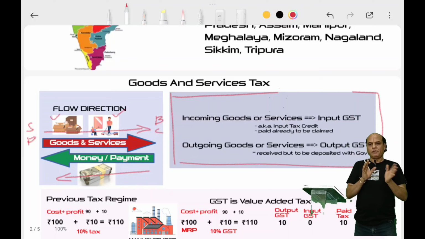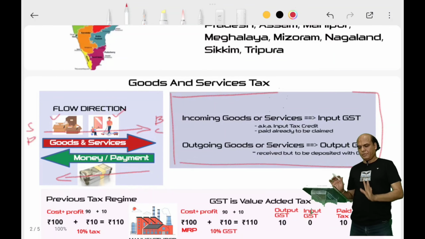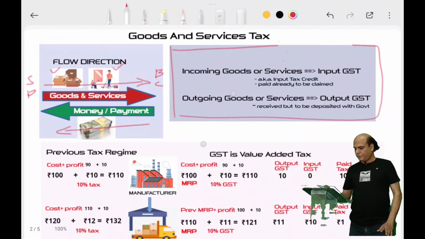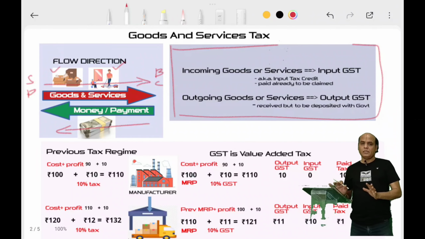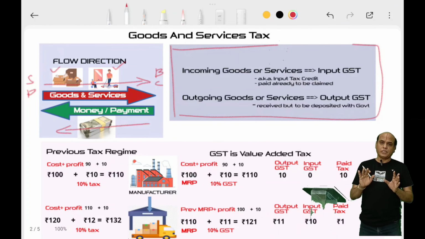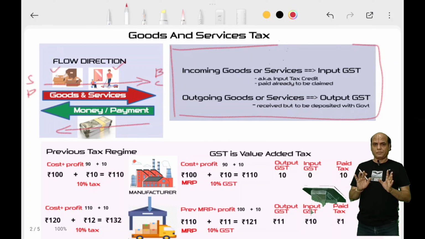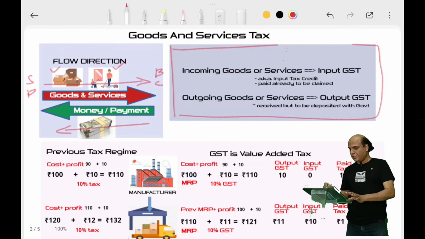Whenever goods and services are moving in one direction, payment will move in the opposite direction. This you should remember.